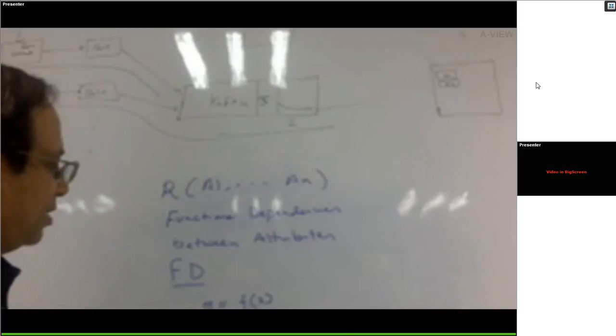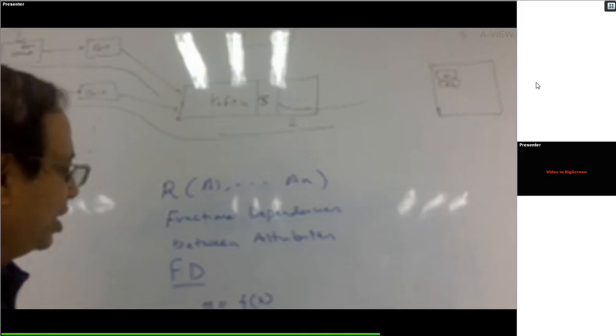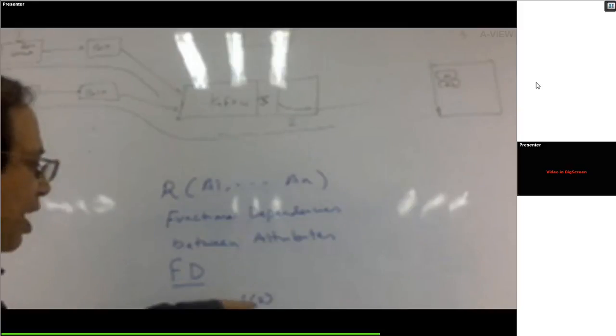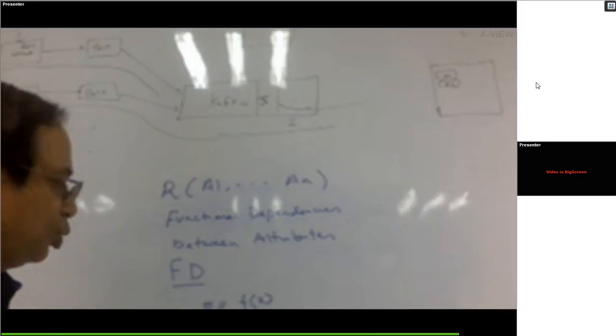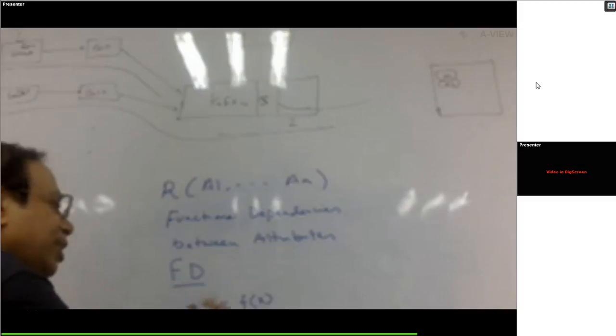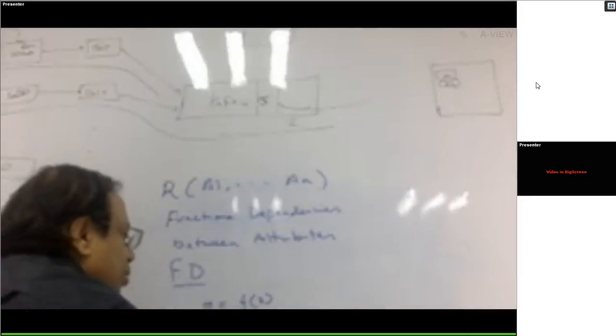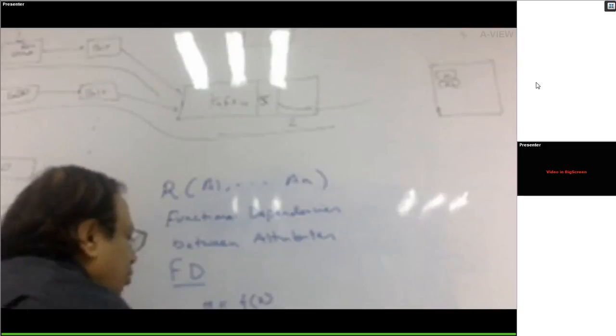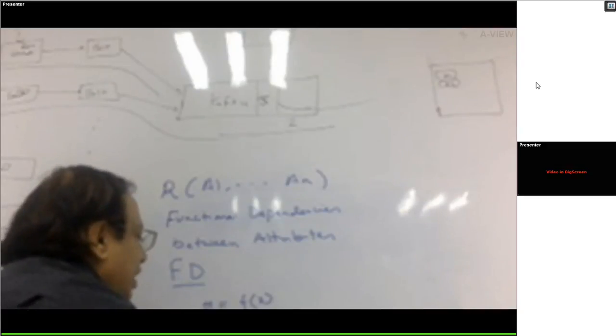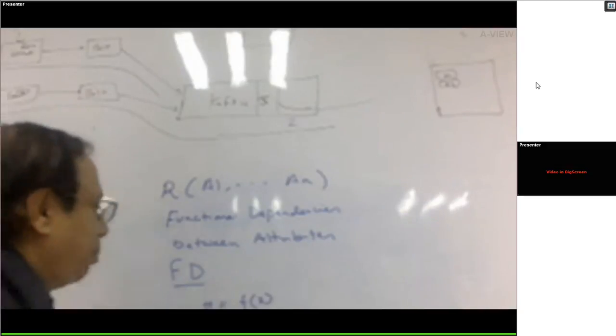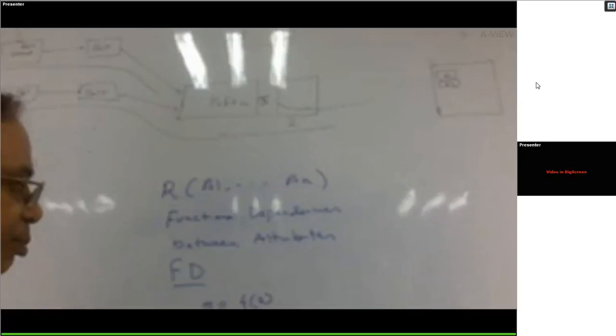For example, if the function is y = f(x) = x squared plus 1, given a value for x as 2, y is not independent. Y becomes 2 squared plus 1, so y can only take a value of 5. So we say y is functionally dependent on x.